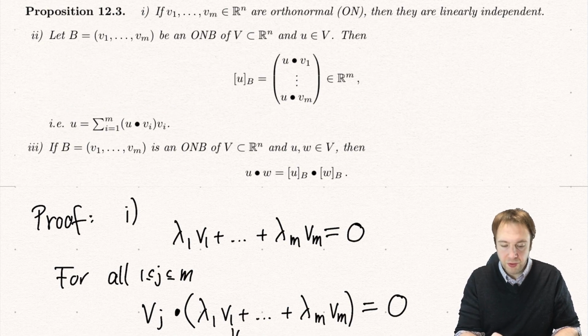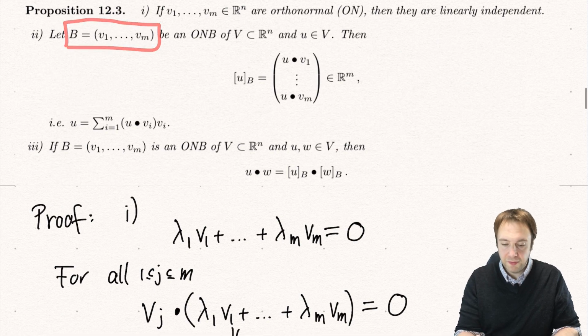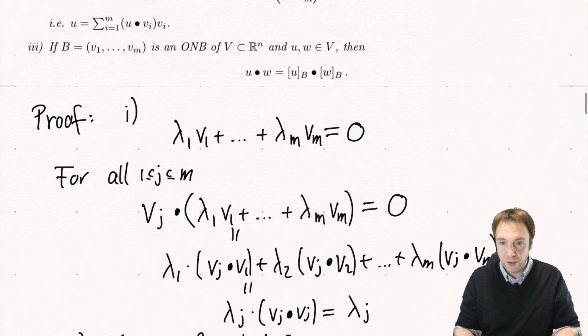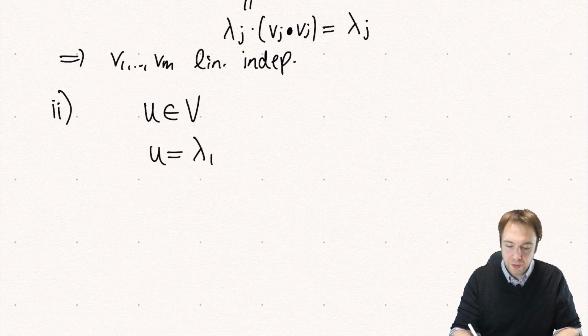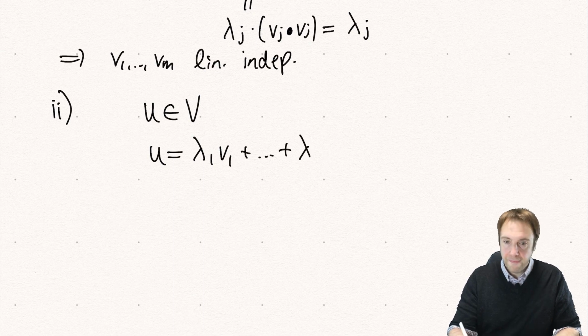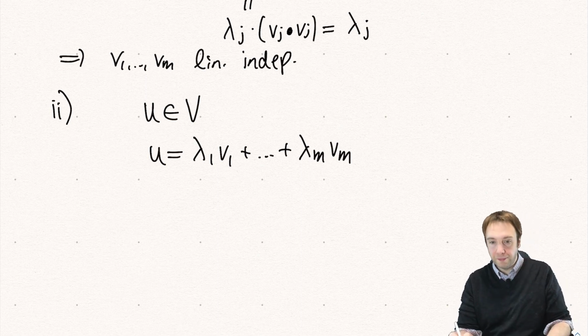What we know is that we have an orthonormal basis. So the first statement is that we can write u as a linear combination, lambda 1 v1 up to lambda m times vm.